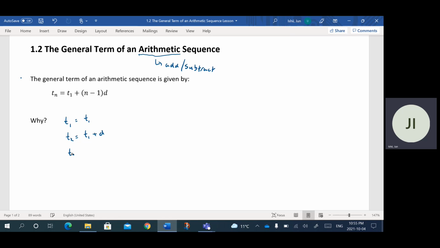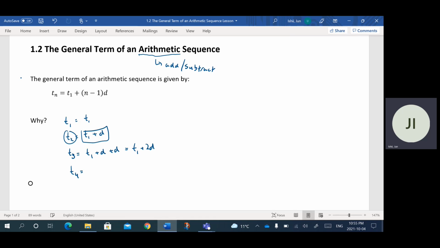For the third term, I take the second term and add the common difference. But rather than writing that out, I'll write T1 plus D, and then add another common difference. In other words, this equals T1 plus 2D.